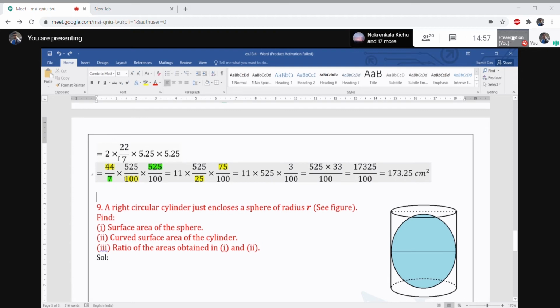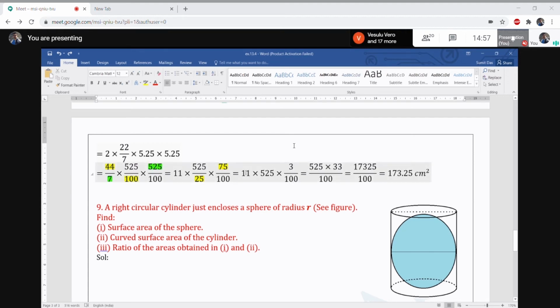Because 4 into 25 is 100. Then instead of 525, it will be 75, because 7 into 75 is 525. Check the calculation once by yourself. Then 25 and 75 we cancel to get the 3. So what we left is 11 into 525 into 3 by 11.